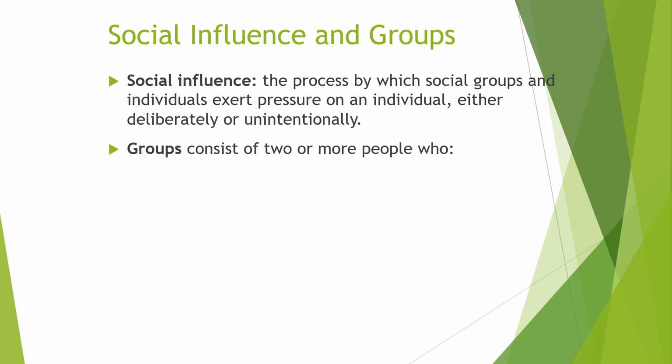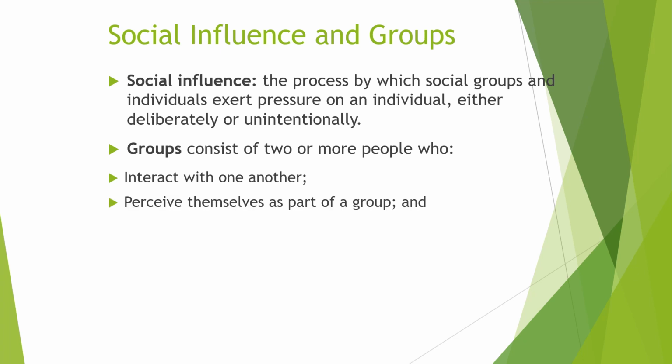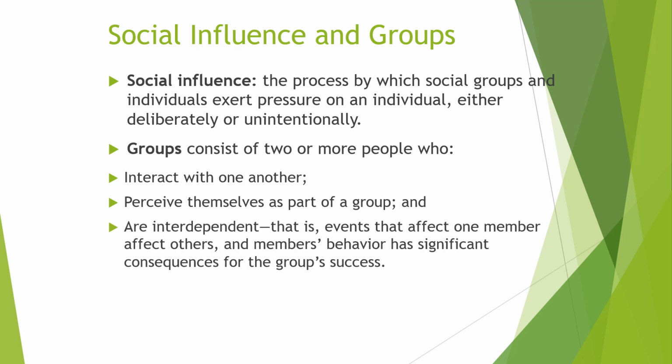Groups consist of two or more people who interact with each other, who perceive themselves as part of a group, and who are interdependent, which means that events that affect one member affect others, and members' behavior has significant consequences for the group's success.